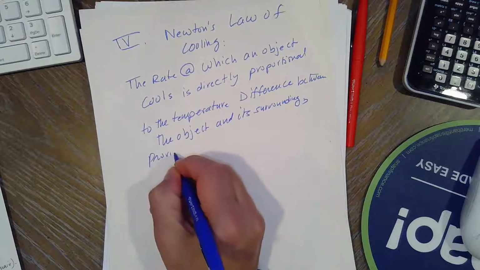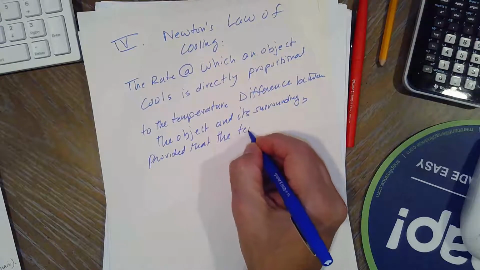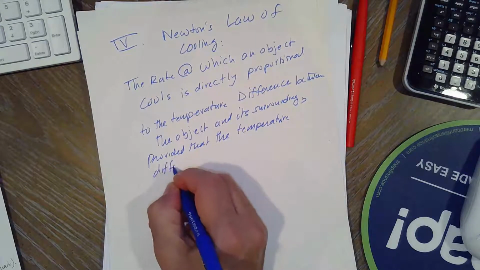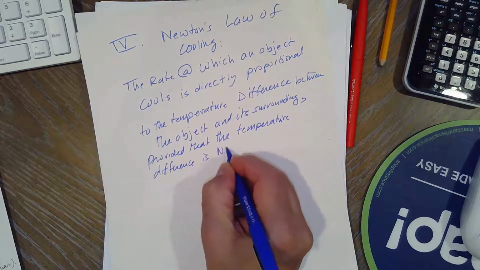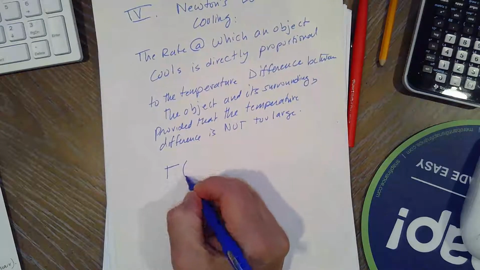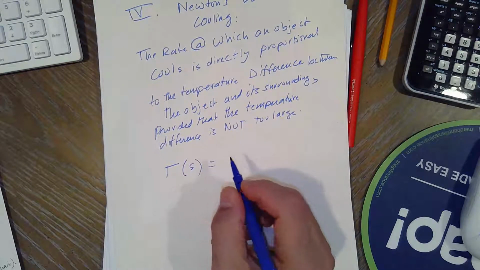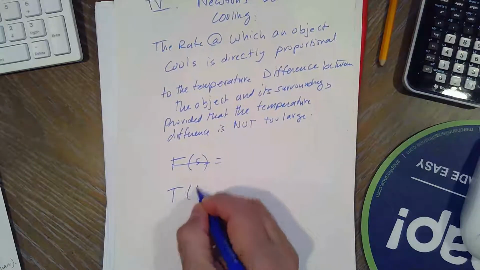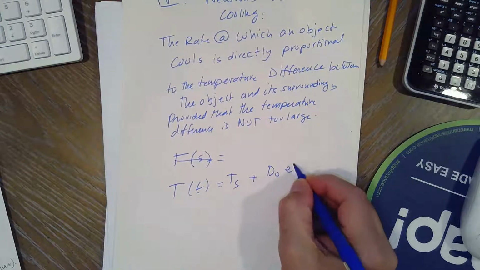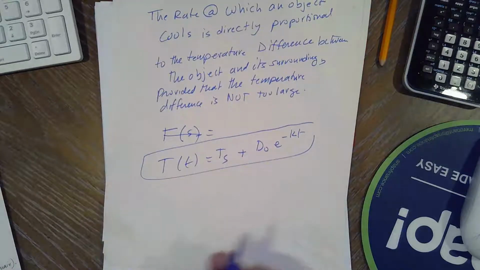Provided that the temperature difference is not too large. So the temperature of an object as it cools down, T of t, the temperature at time t, is Ts plus d sub 0 e to the negative kt. So this is the formula we use for Newton's law of cooling.